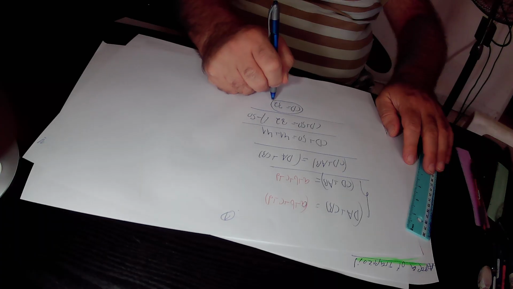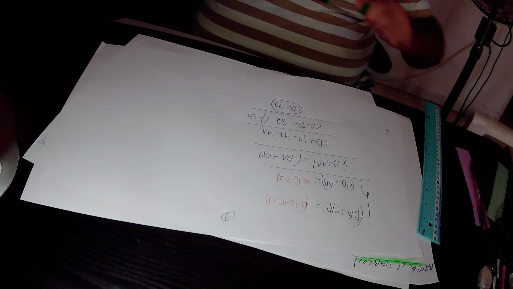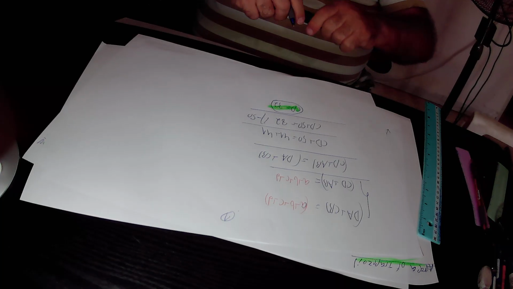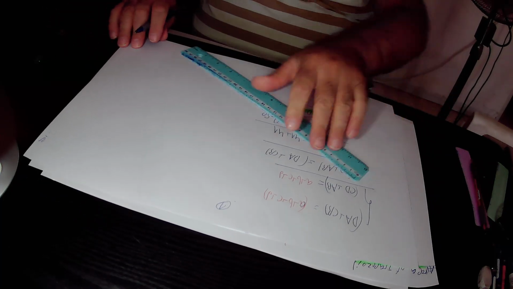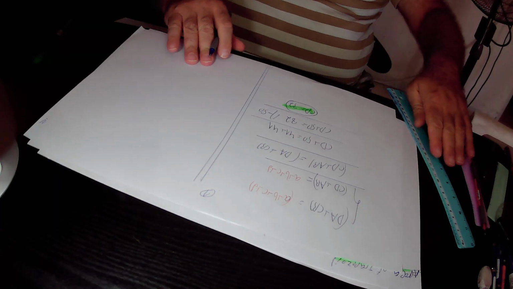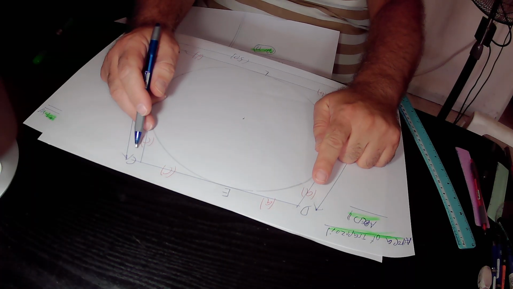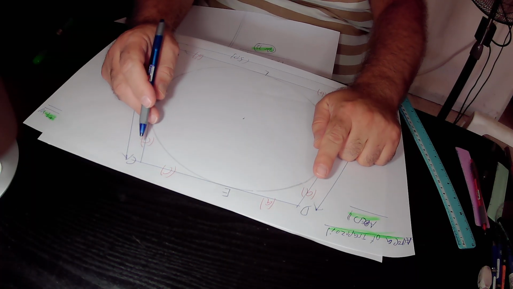So the missing side CD equals 32 units in length.